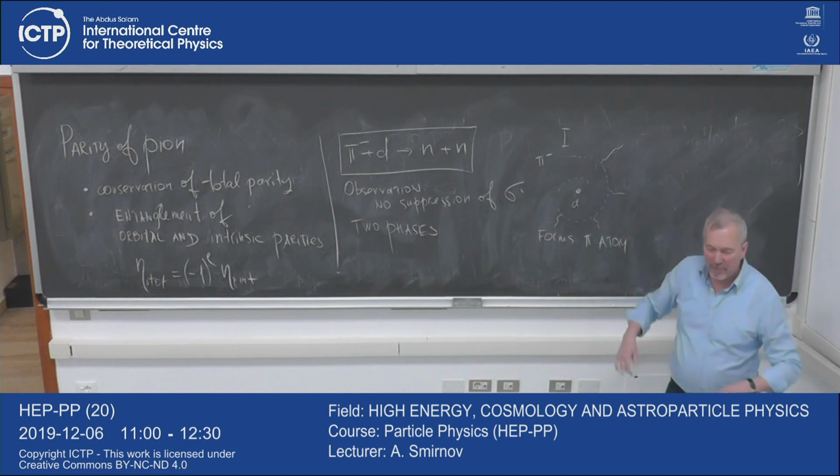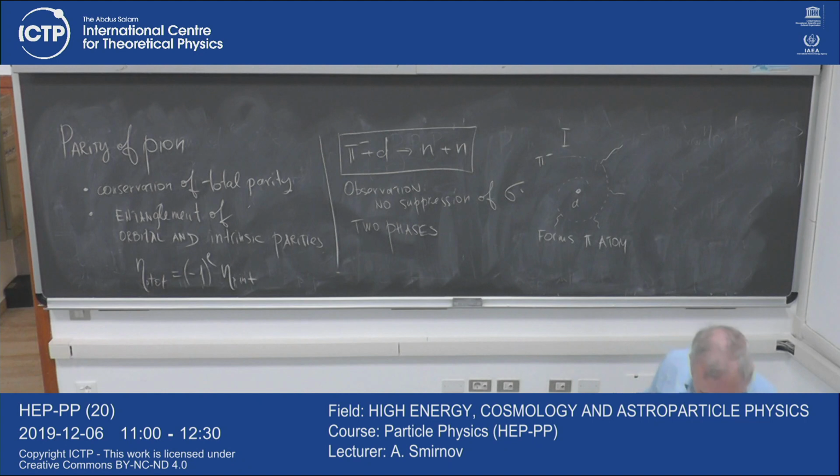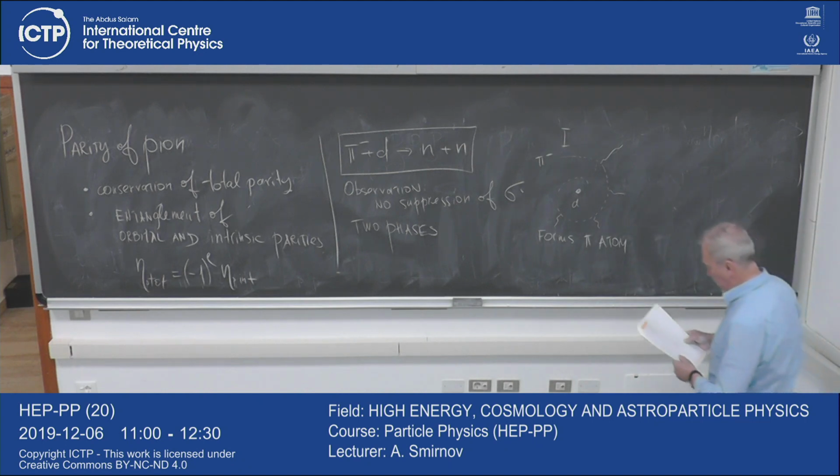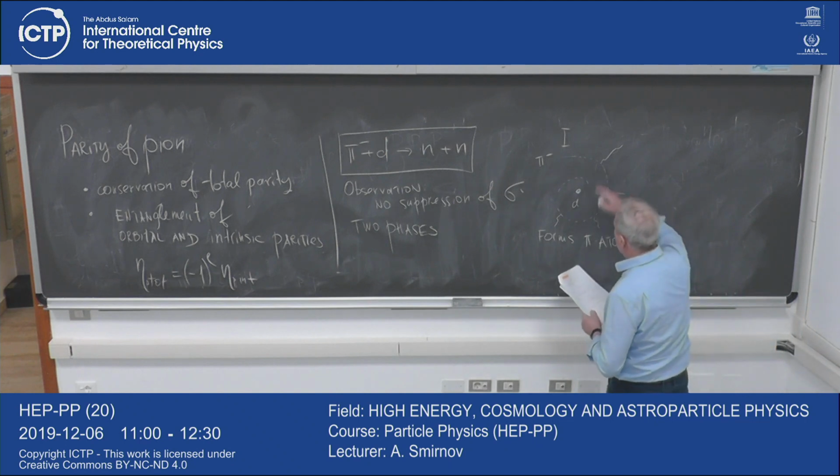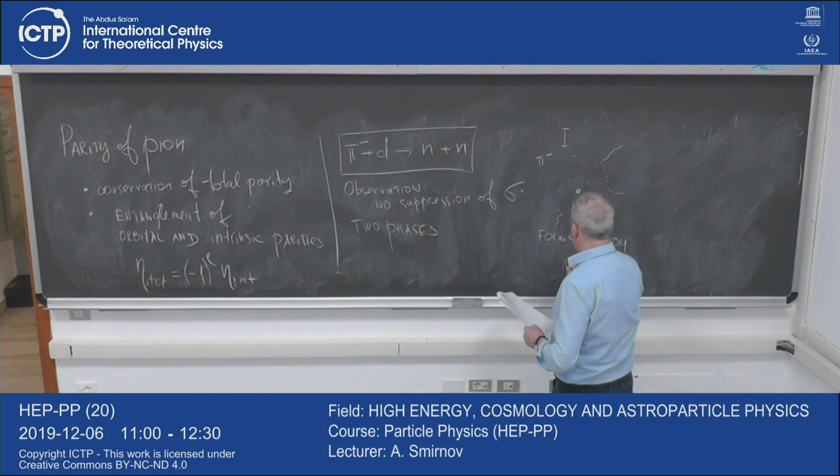So it lives 8 to 10 orders of magnitude longer than the formation. So it's a big lifetime. It's like a stable particle. So that's electromagnetic radiation and formation of this pi atom, pi minus deuteron.